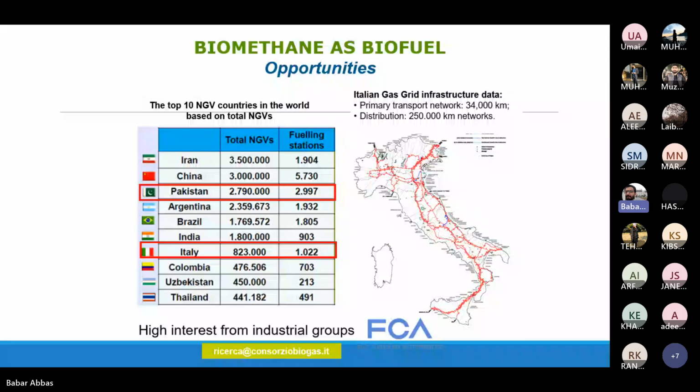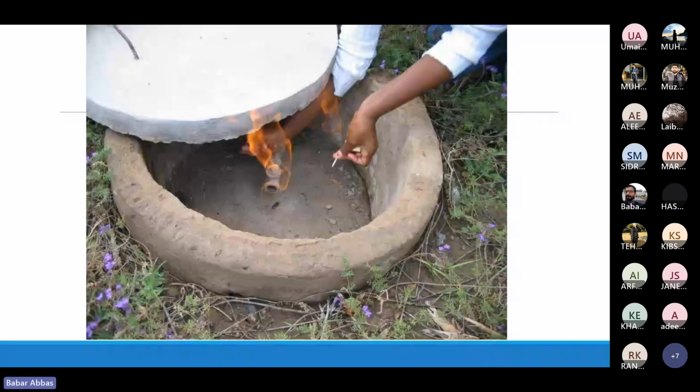So this is a study which is comparing Italy and Pakistan, just to realize how much biogas is needed and how it can be utilized.